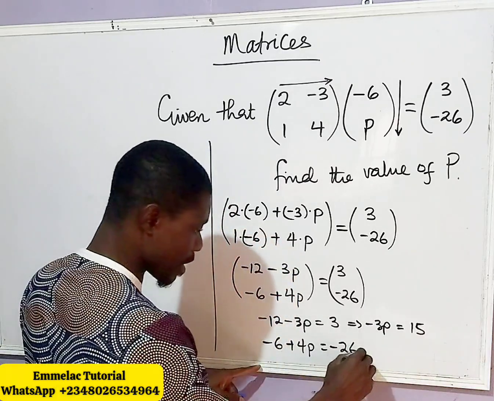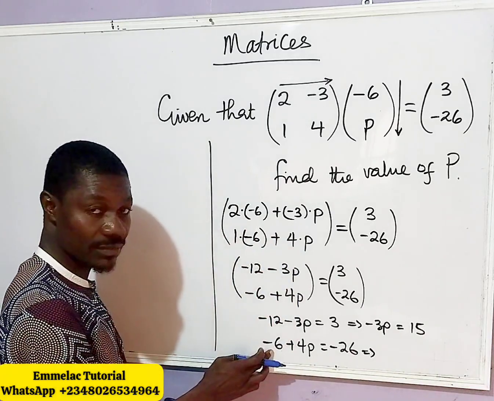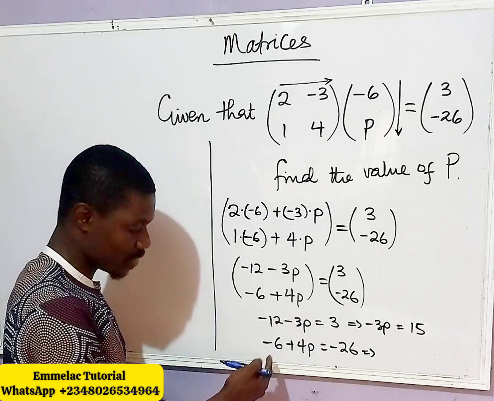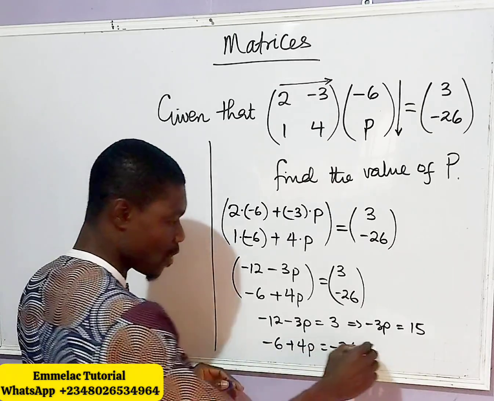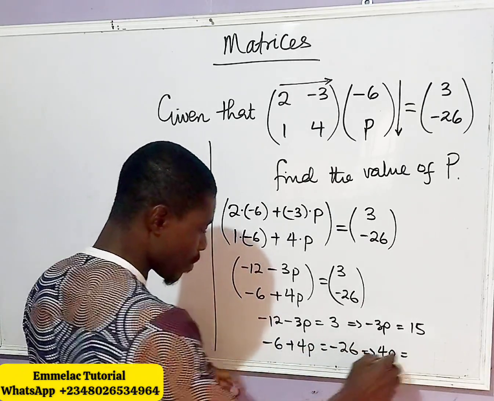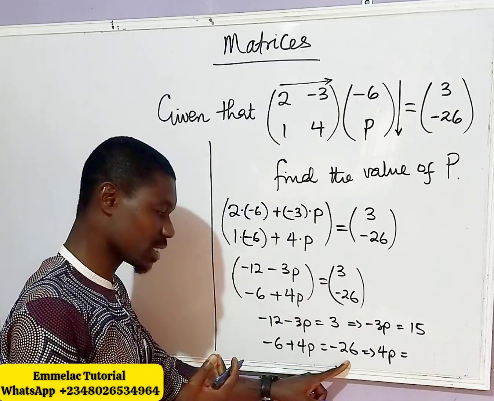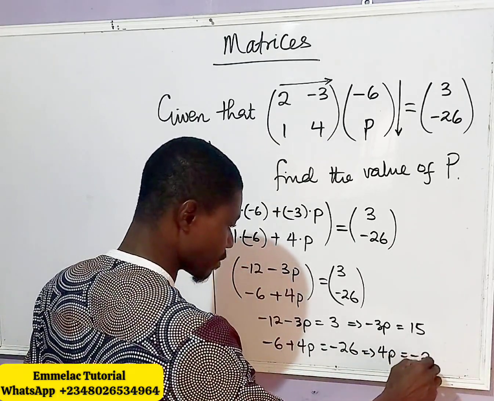And the same pattern here, when we add the opposite sign of negative, which is positive, it means we add +6 to both sides. We end up having 4p equals, when we add +6 here, that will give us 0, and when we add +6 here, that will give us -20.